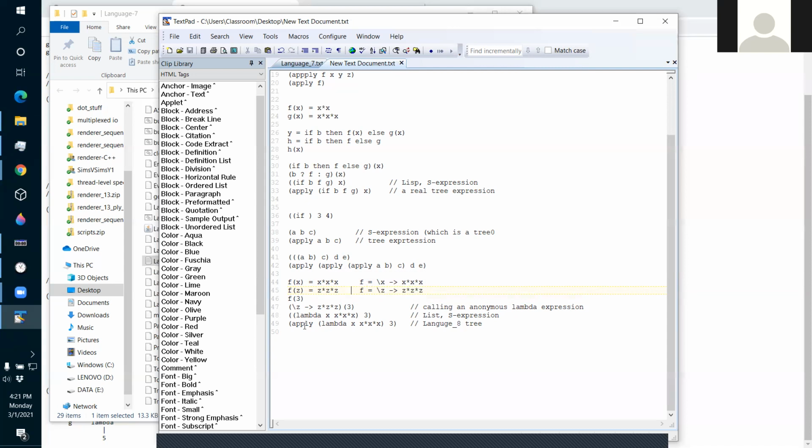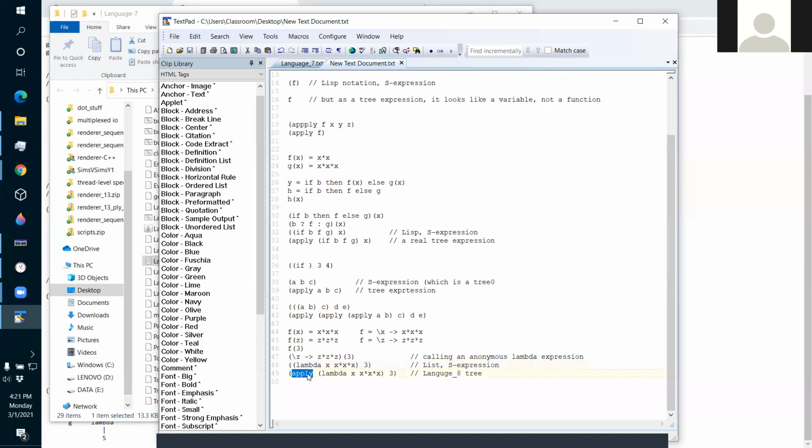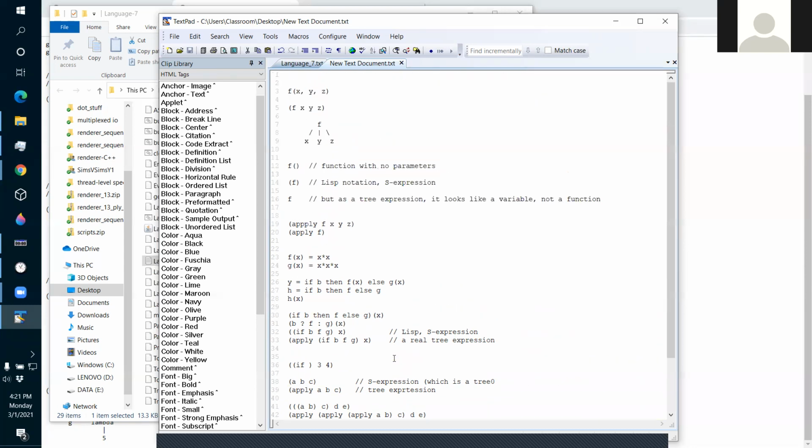All right. So this is another example why I want the apply in the language, because I want to be able to apply a lambda expression. But if I apply a lambda expression, that's an S expression, not a tree. So if I use this symbol, then I'm in the world of S expressions. We've now seen three reasons for using apply.